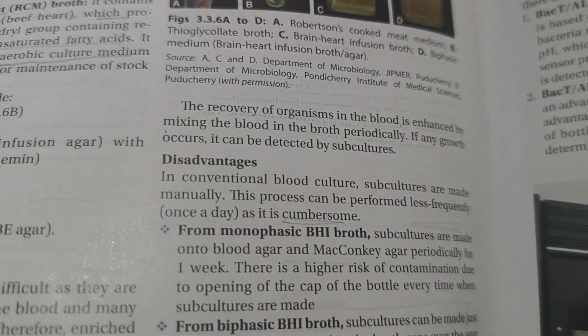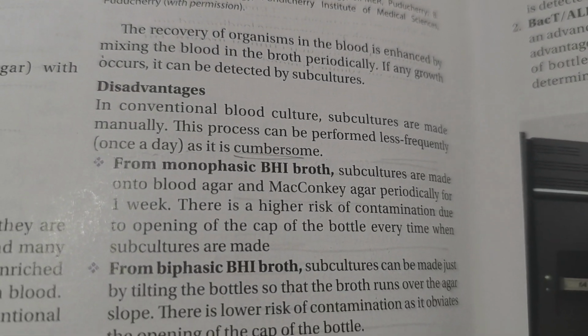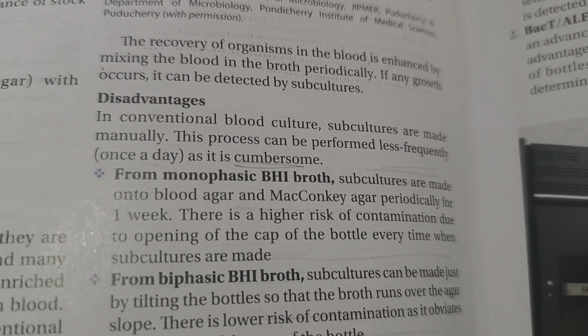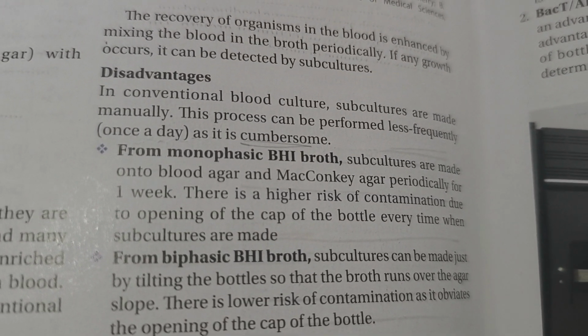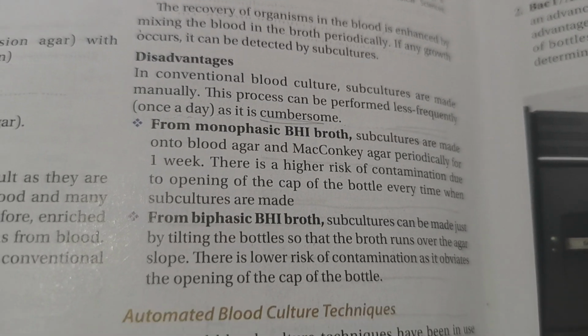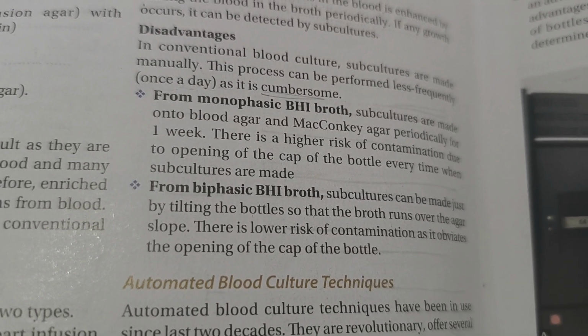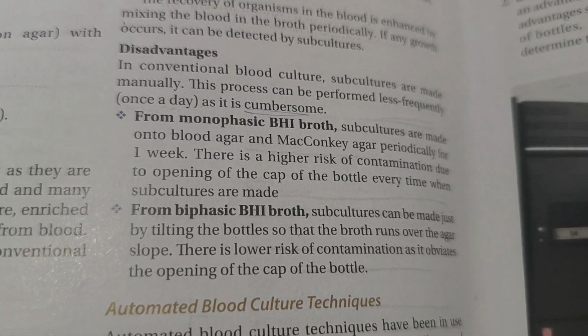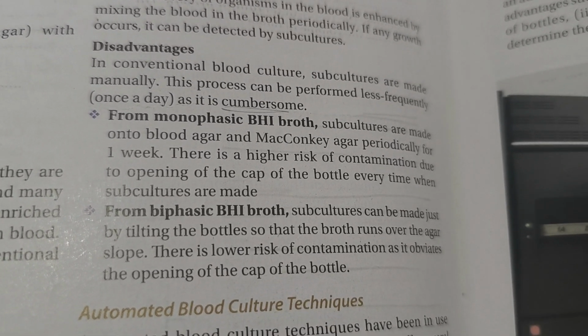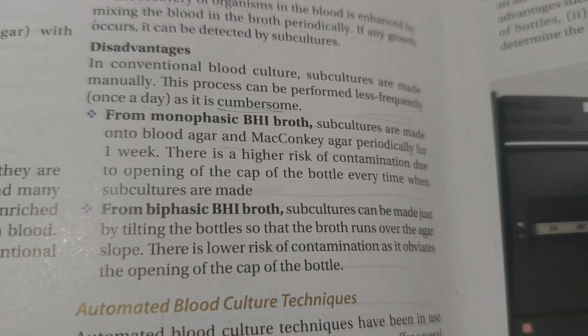The recovery of the organism in the blood is enhanced by mixing the blood in the broth periodically. If any growth occurs, it can be detected by subcultures. Disadvantages: in conventional blood culture, subcultures are made manually.